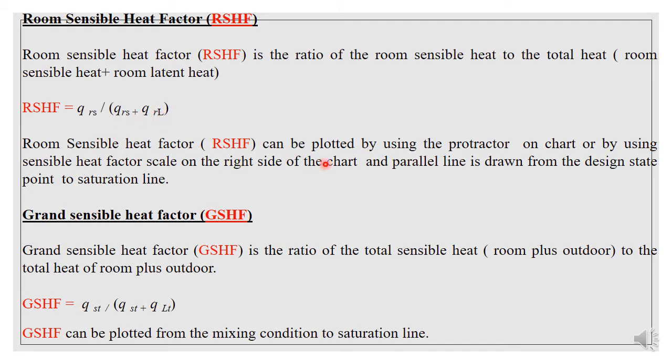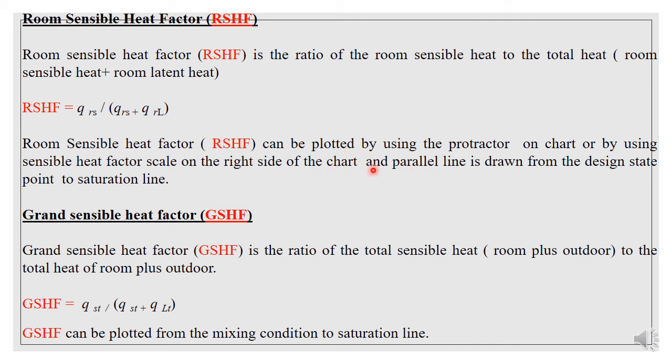And it can be plotted by using a protractor on the psychrometric chart, or by using the sensible heat factor scale on the right side of the chart. So I will show you after this.